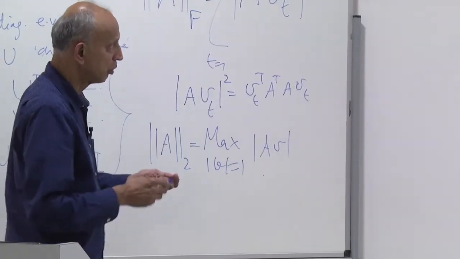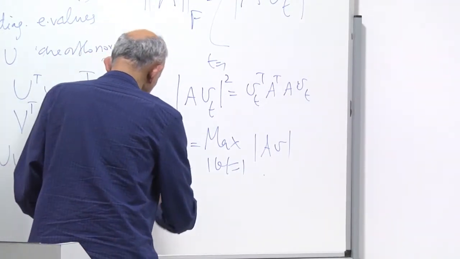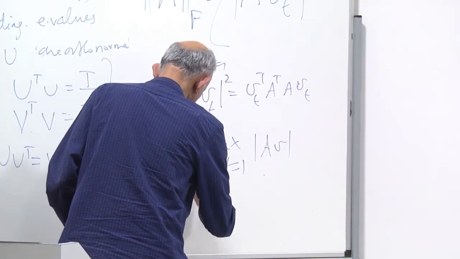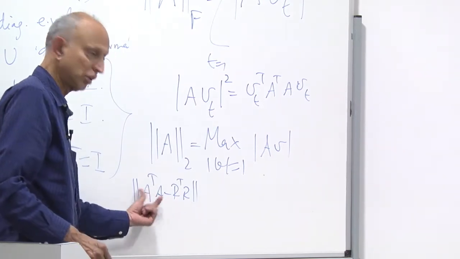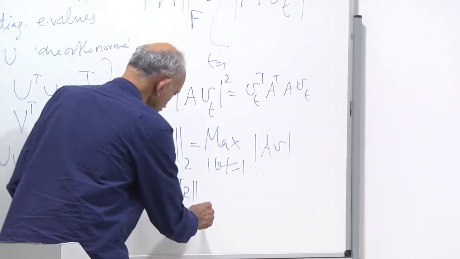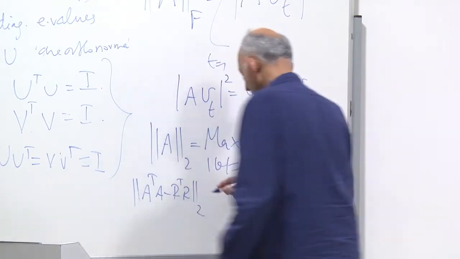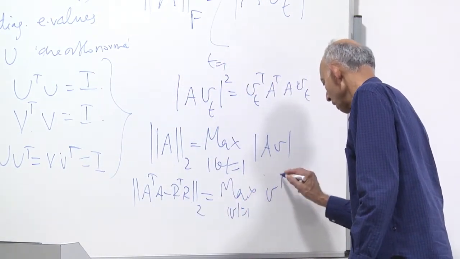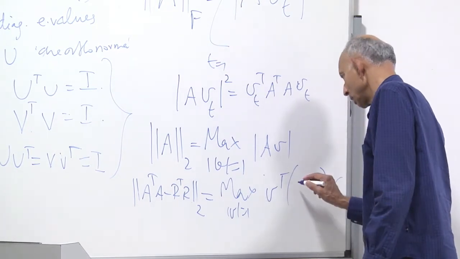But it's also true that for the symmetric matrix A transpose A minus R transpose R, the difference is symmetric. For a symmetric matrix, the spectral norm is the max over all v of v transpose times the matrix times v.